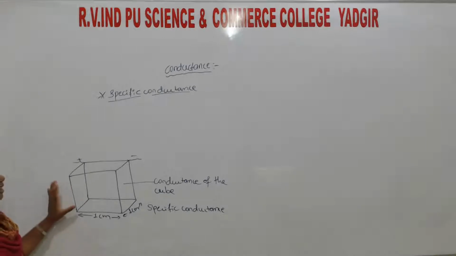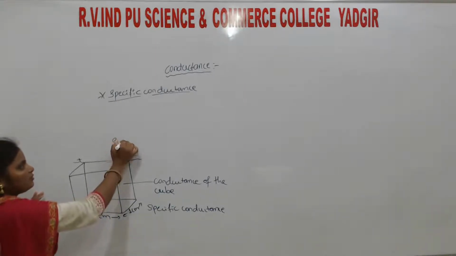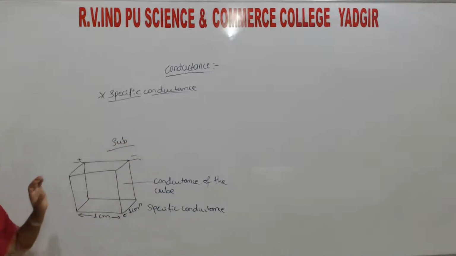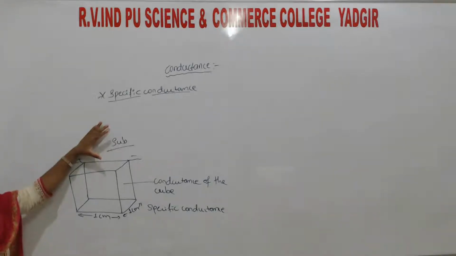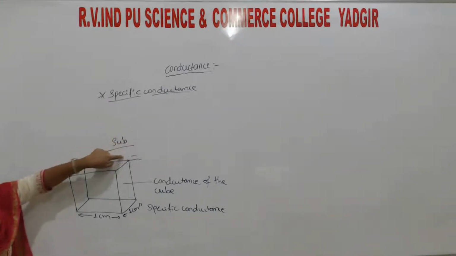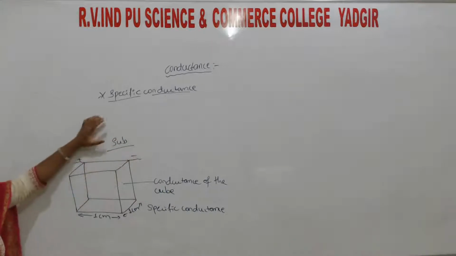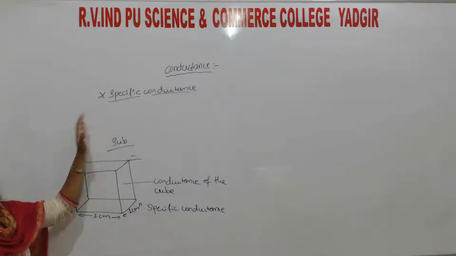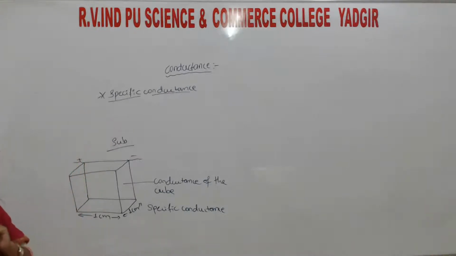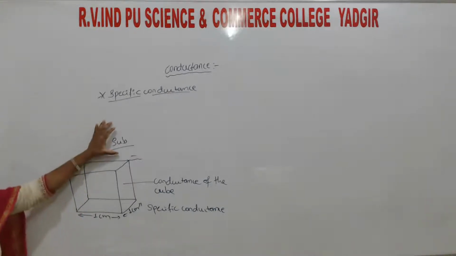Here the substance which offers very little resistance to the flow of current in turn allows more current to pass through it.